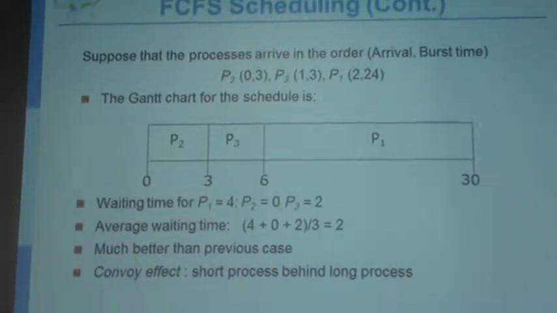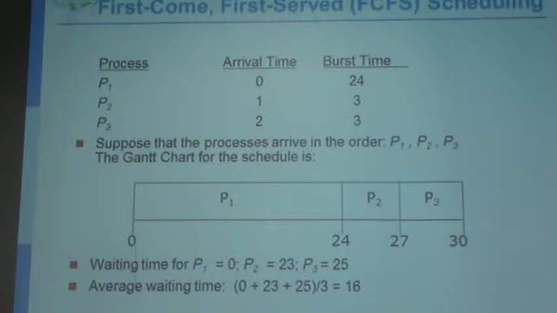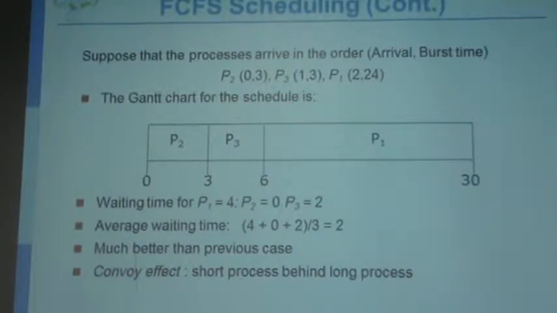Why are the waiting times so different? The scheduling algorithm is the same. The order is different. In this one, a long process started first. In this one, a short process started earlier.